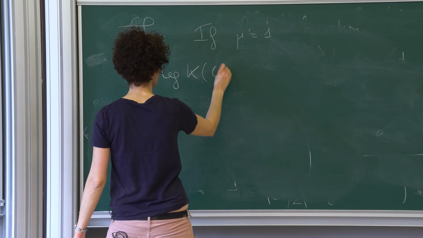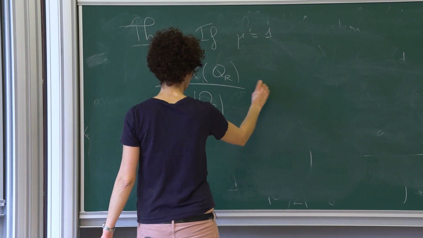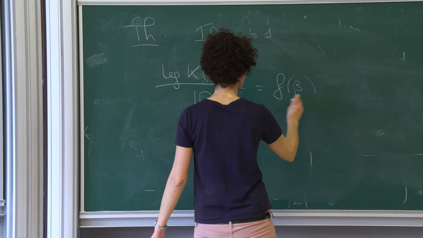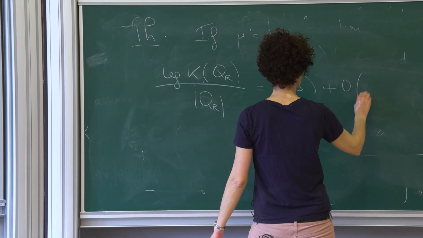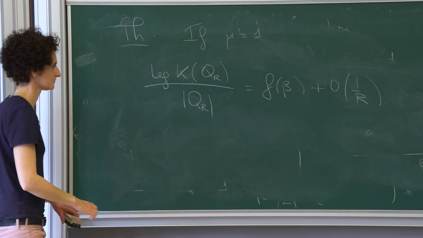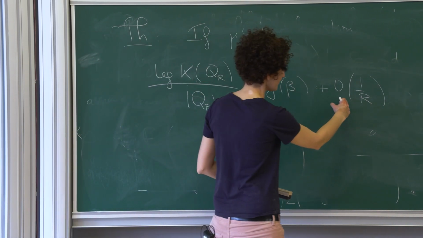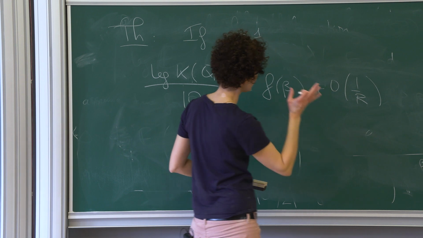So now this is for the Neumann problem in the cube. It's equal to some limit plus O of 1 over R. So in fact, there is something that depends on temperature here that's explicit.